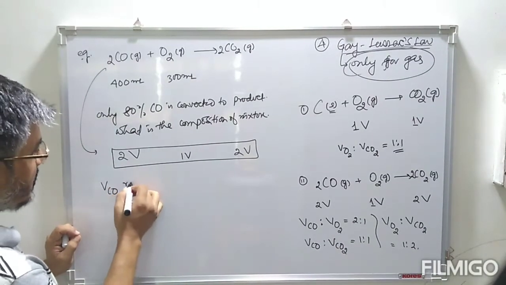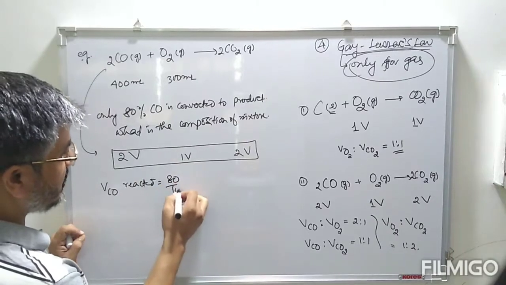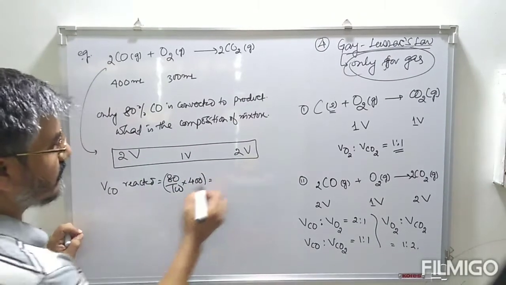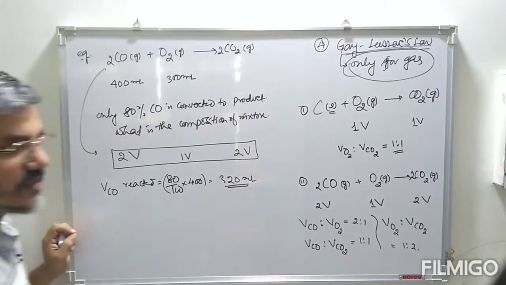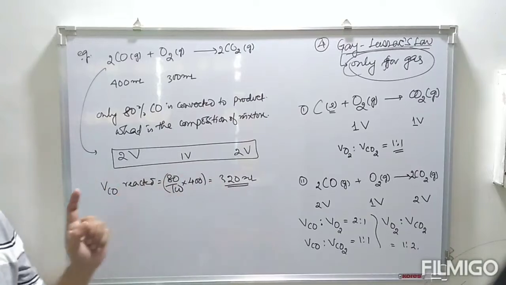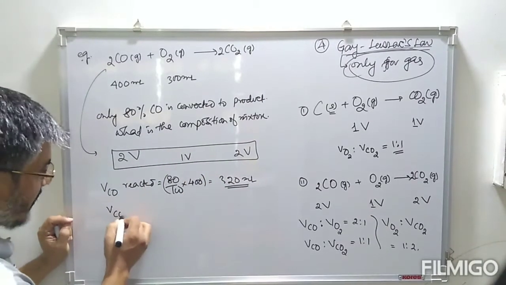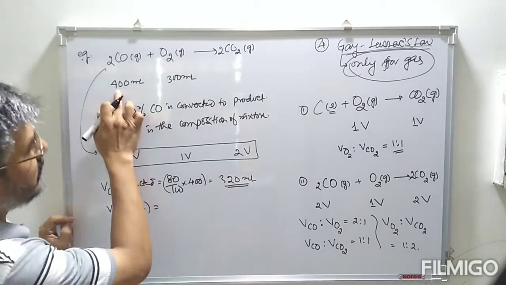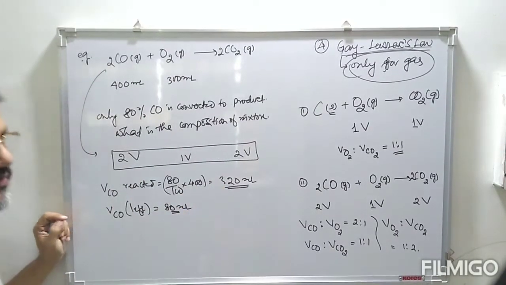Volume of carbon monoxide reacted is equal to 80% of the initial volume, that is 320 ml is reacted. So volume of carbon monoxide left is 400 minus 320, so 80 ml is left.